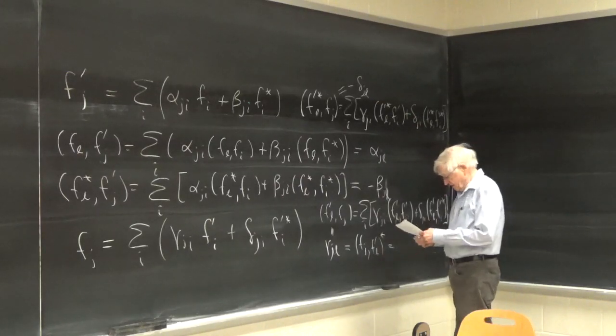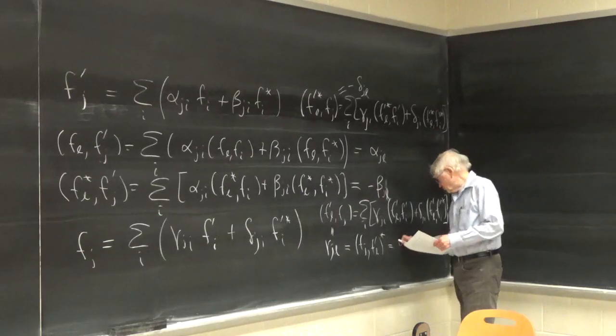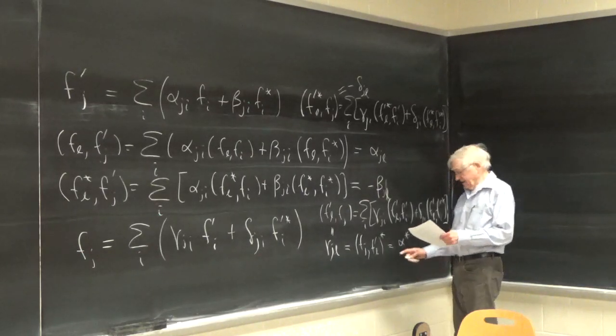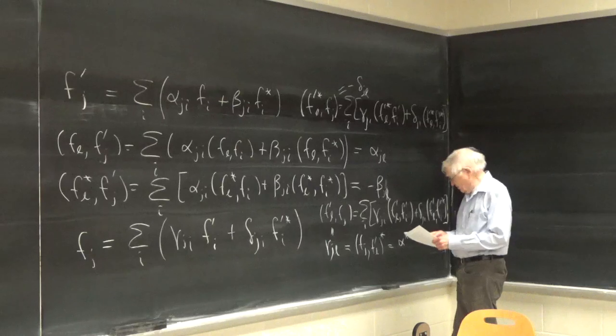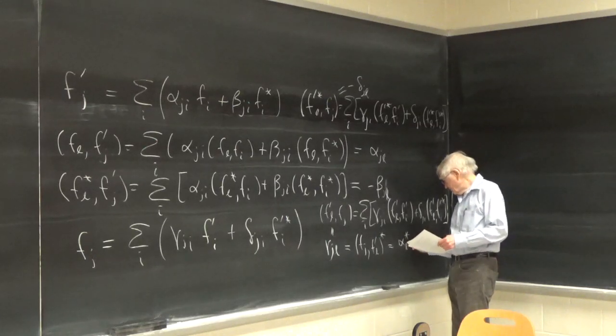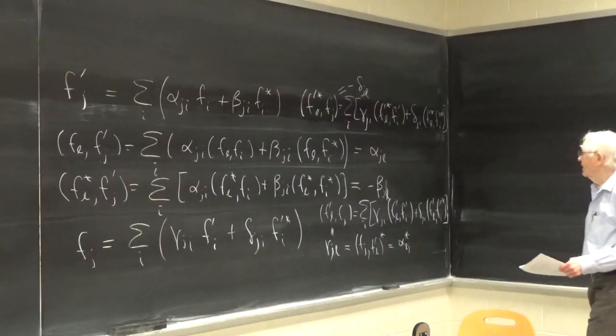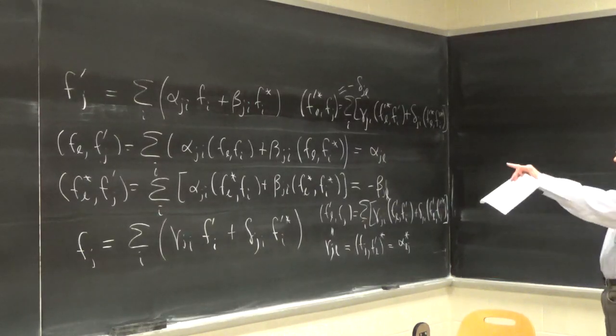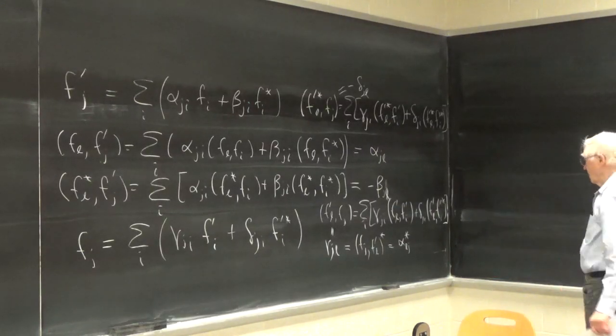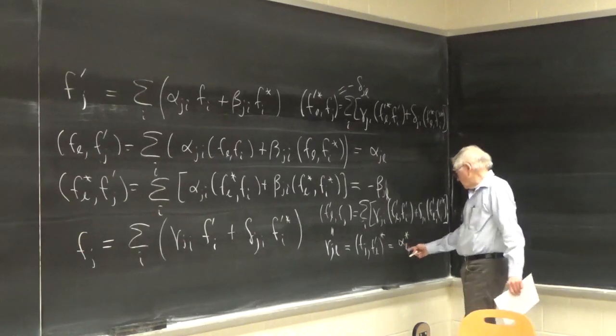And so this is an alpha complex conjugate, and the indices turn out to be LJ. It's the opposite of the way they occur, so JL goes to LJ.